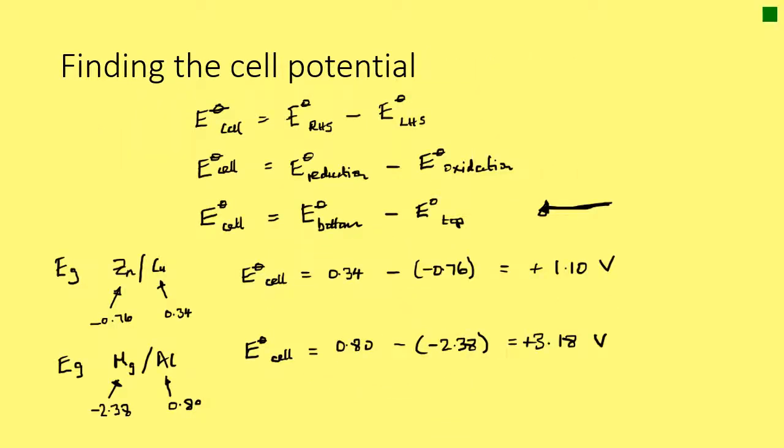Yes, and you can also use the anti-clockwise rule to find the cell potential. And if I can just ask you to cast your minds back to remember the equation for the cell potential. What you'll remember is that the standard electrode potential for the cell is the electrode potential right hand side, take electrode potential left hand side.